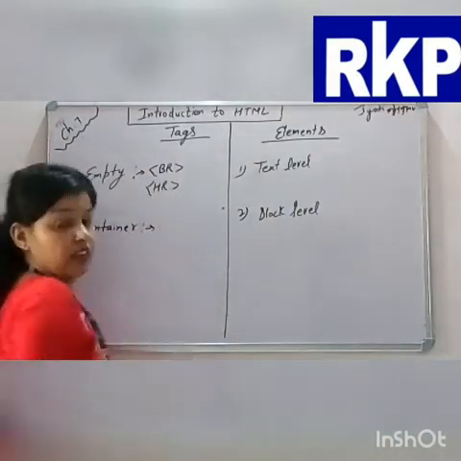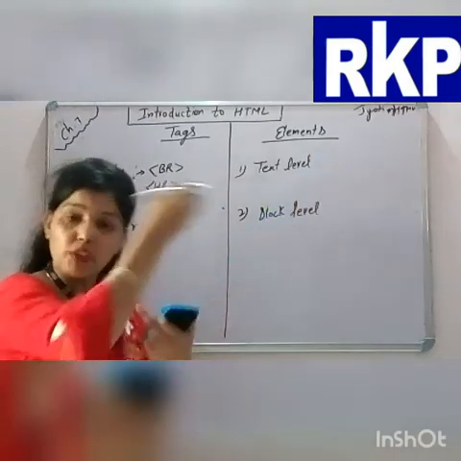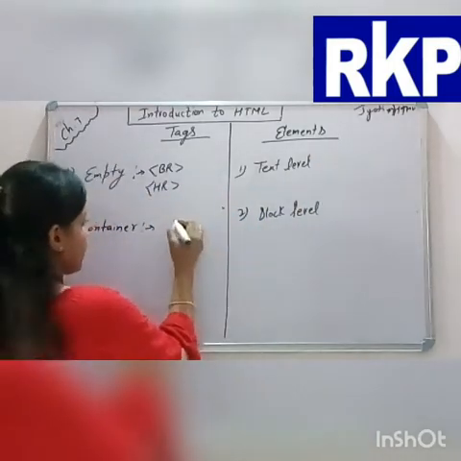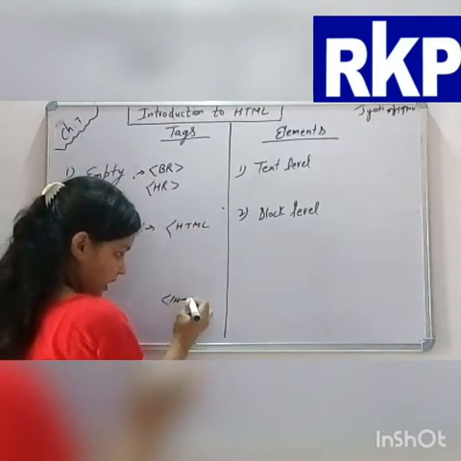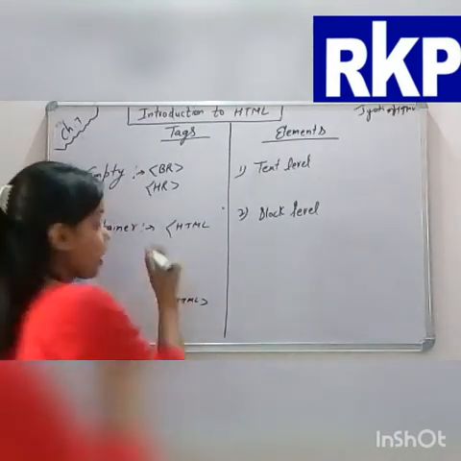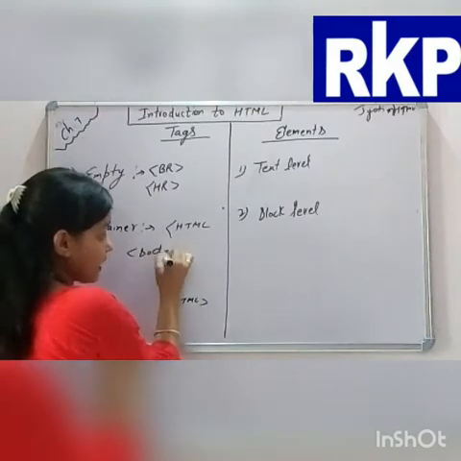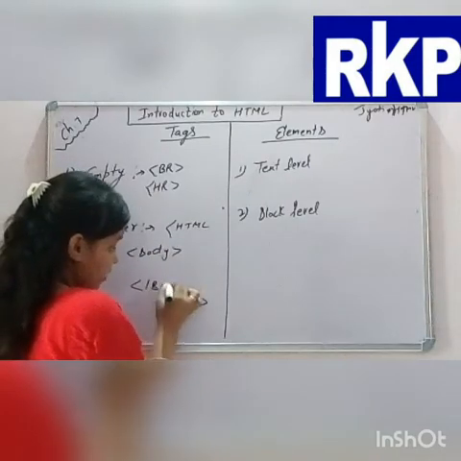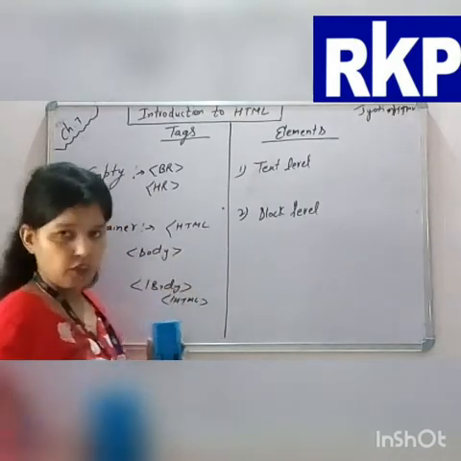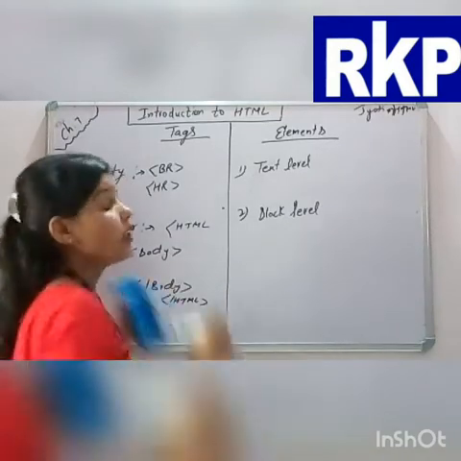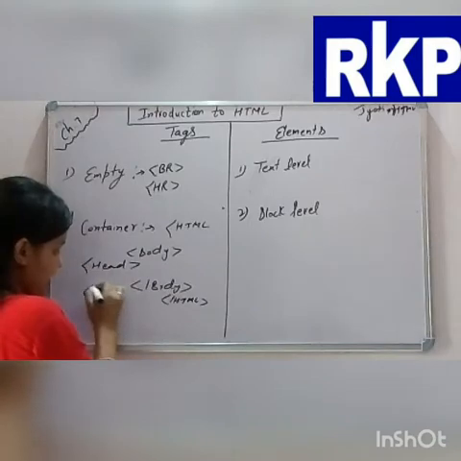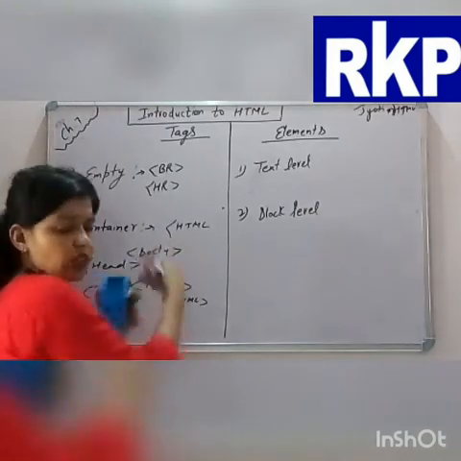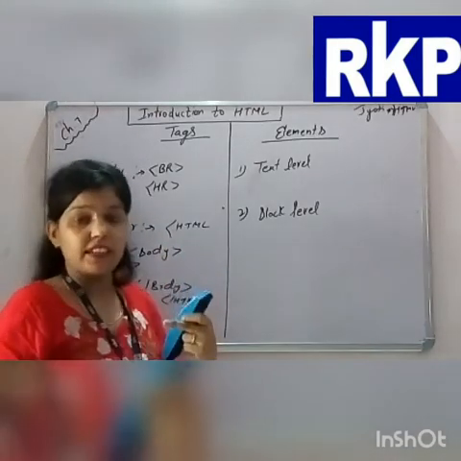Container tag is a tag that is having an opening and closing tag. For example, HTML is a container tag. You have to open it and you have to close it. Body tag is also a container tag. Title tag, head tag, these all are in pairs.